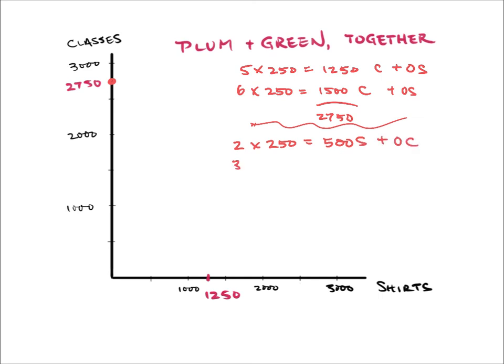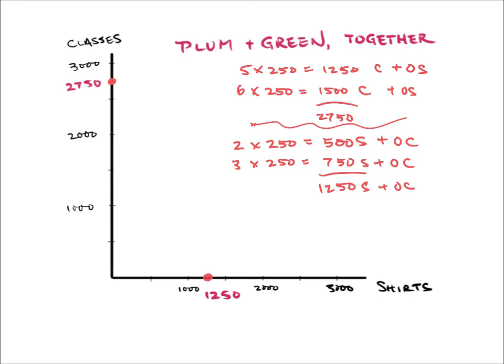If Green spends all of her time, she can make 3 shirts in a day, so that's 3 times 250 equals 750 shirts plus 0 classes. So add these together. Another possible point is 1,250 shirts plus 0 classes. And that's this point that I've graphed right here.